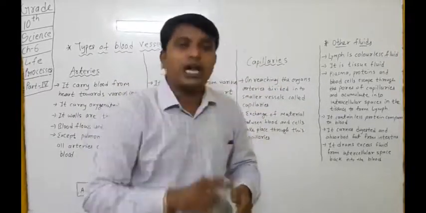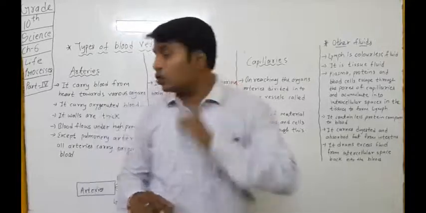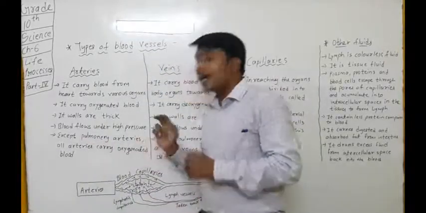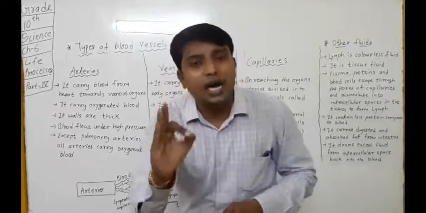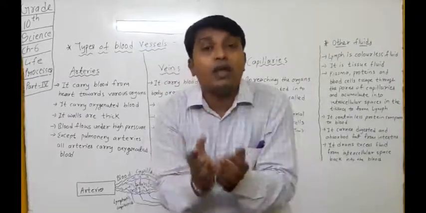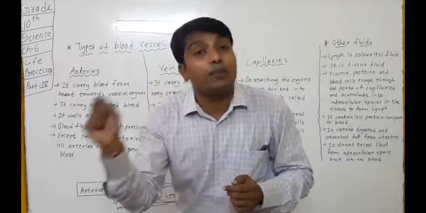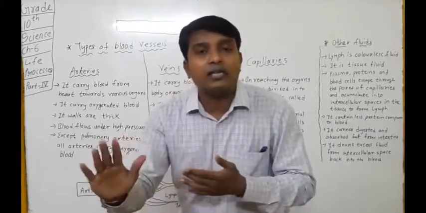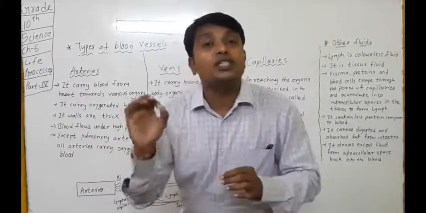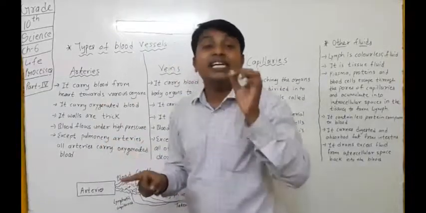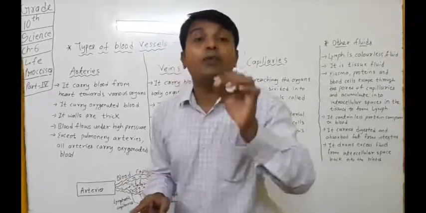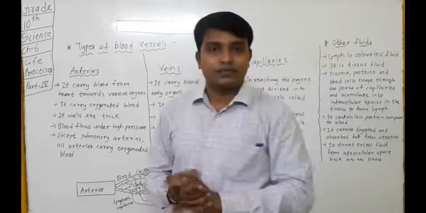So that point I have to show you, that is the pulmonary artery. That artery was the pulmonary artery, and that is the only artery in the whole artery system which carries deoxygenated blood. Otherwise all other arteries always carry oxygenated blood. Only the pulmonary artery carries deoxygenated blood from the right ventricle to the lungs.